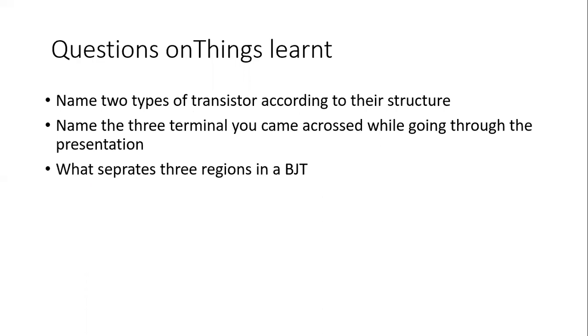That is the base to emitter junction and base to collector junction. So these are the two junctions that are separating the three regions in BJT.